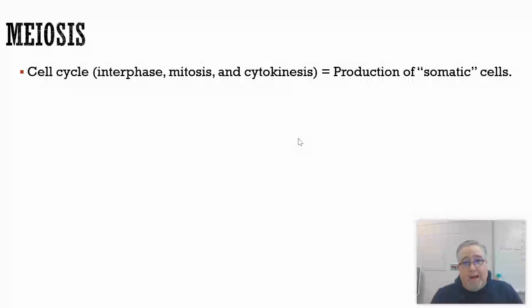Now, as a quick review, in the last couple lectures we've talked a lot about the cell cycle. And again, the cell cycle is the combination of events that includes interphase, right? G1, G2, S phase, mitosis, which is the division of the nucleus, and then finally cytokinesis, which is the division of the cell.